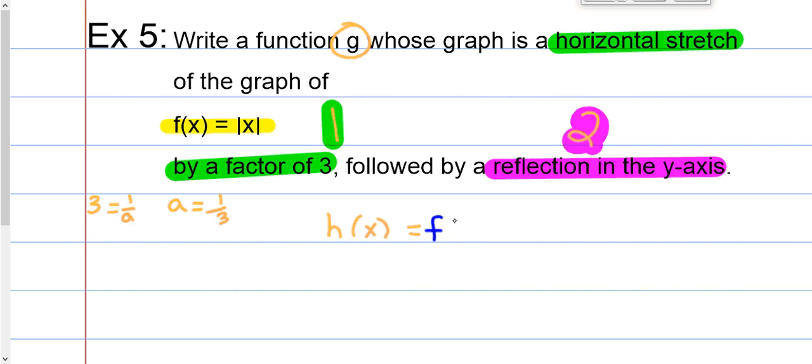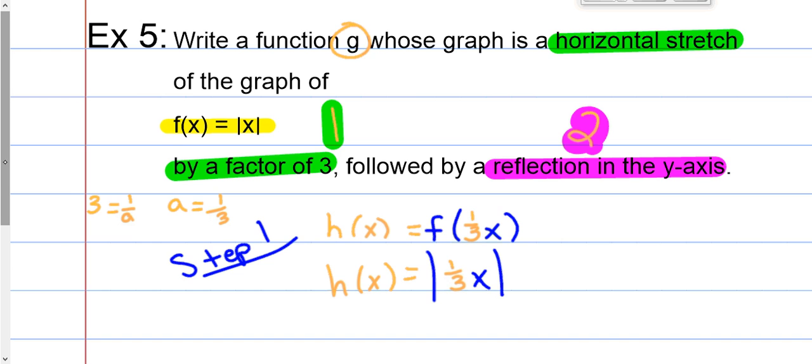Because horizontal is on the inside, f of 1/3 times x. Now all I need to do is plug it in. So h of x equals, my f of x is absolute value, and now instead of x I have 1/3 x. Okay, there's my step 1.